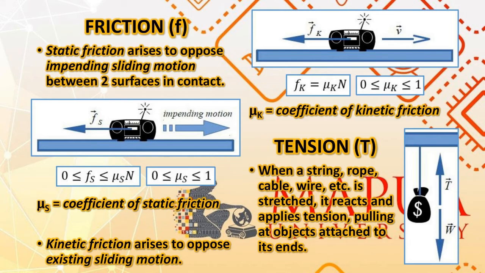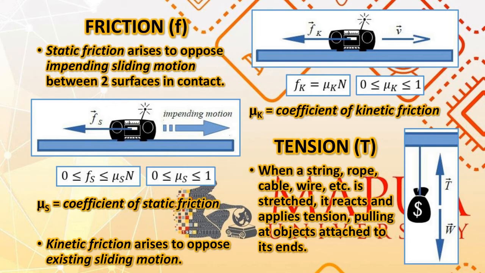Kinetic friction will oppose that motion. So, kinetic friction is always opposite the direction of the velocity. As for the magnitude, unlike static friction, kinetic friction is relatively constant in magnitude. F sub k is equal to mu k n.